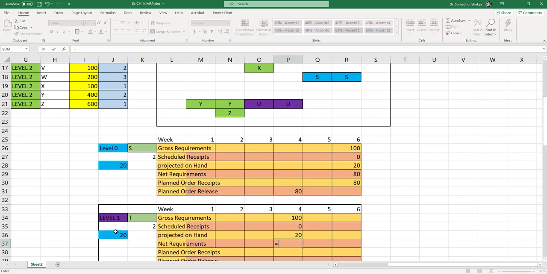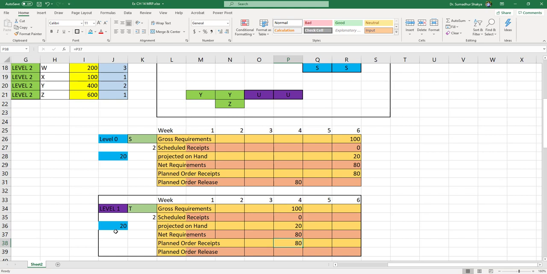Net requirement therefore is 100 minus scheduled receipts minus projected on hand. Therefore planned order receipts are going to be the net requirement. Now if this was not the net requirement and only the gross requirement planning, then we would only have this much information.